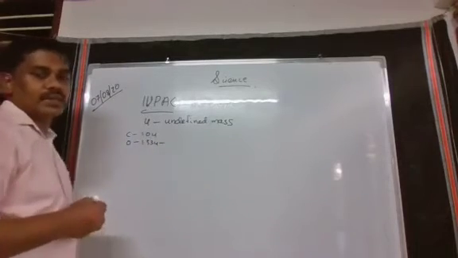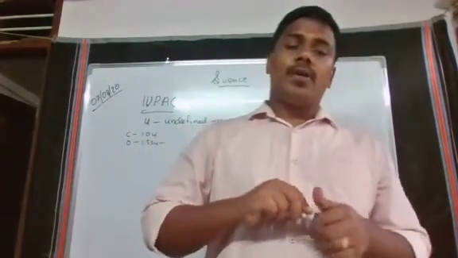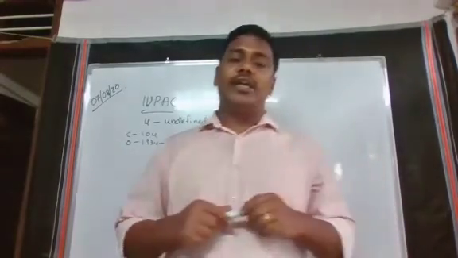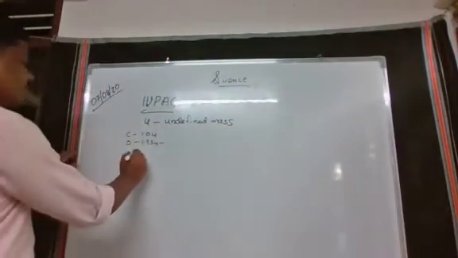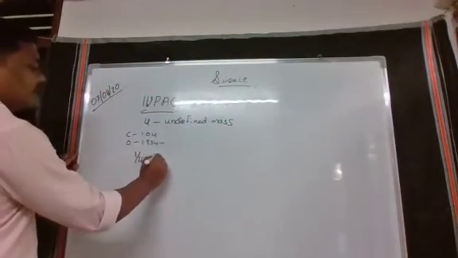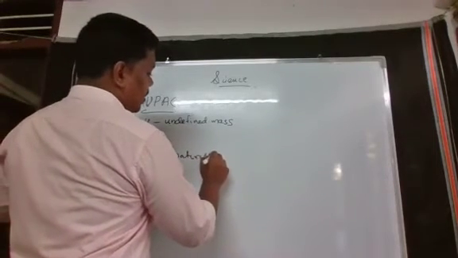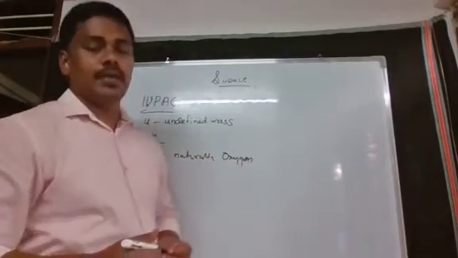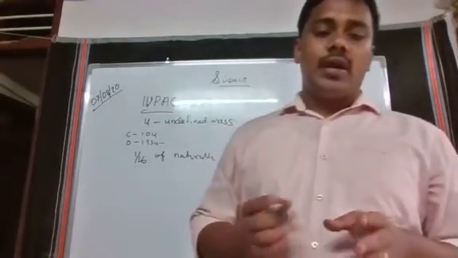While searching for a unit for atomic mass, scientists initially took 1/16 of naturally occurring oxygen as the unit of atomic mass.